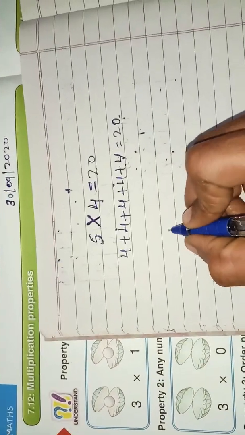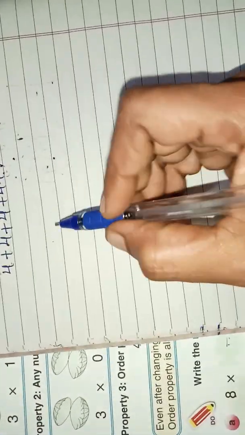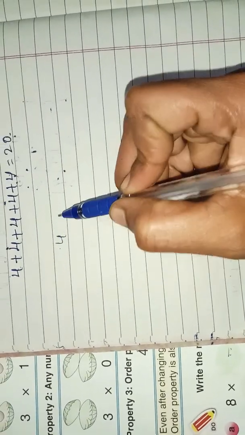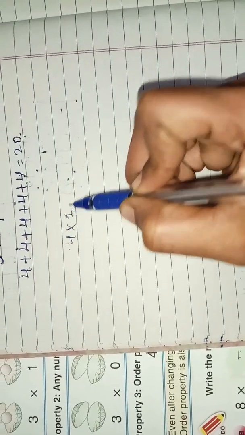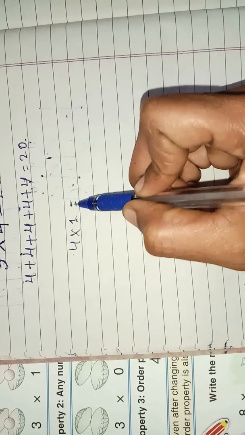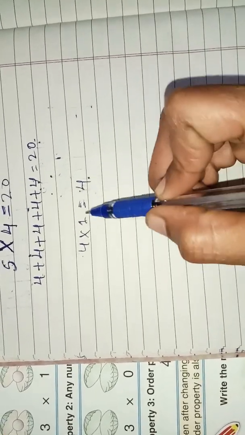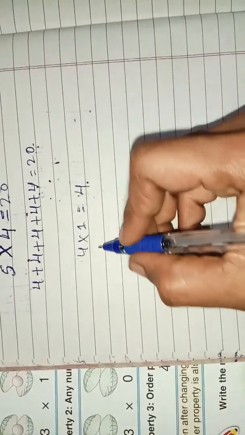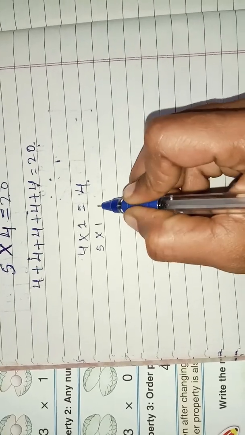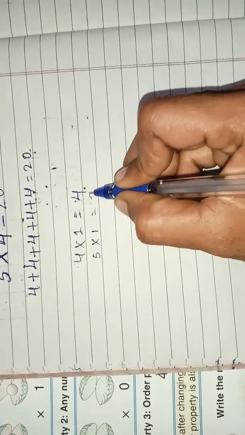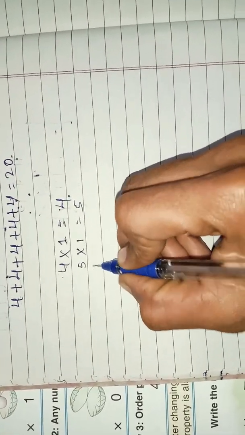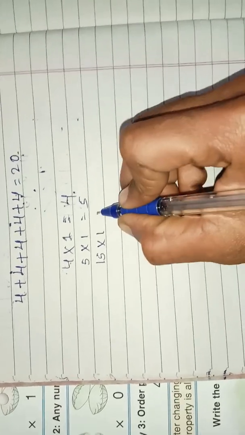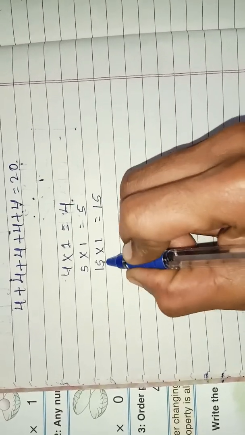Take any number, 4 you take, multiplied by 1, the product is always the number itself. 1 into 4 is 4, or take 5 into 1, 1 into 5 is 5, or take 15 into 1, the answer is the number itself.